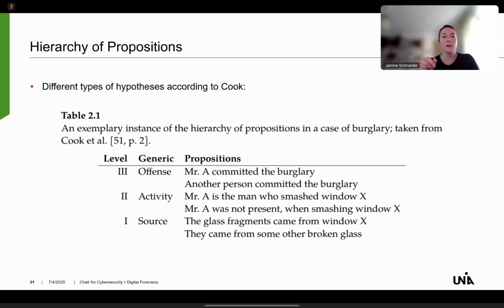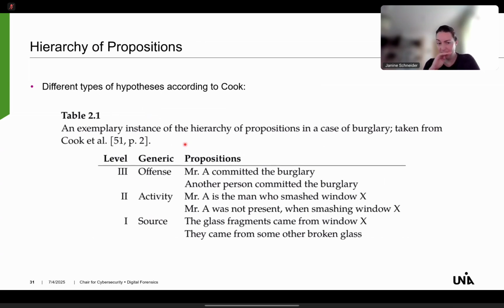Okay, there's also something that is called hierarchy of propositions. According to Cook, we have different types of hypotheses. In this table, you can see an example which is based on a case of burglary.